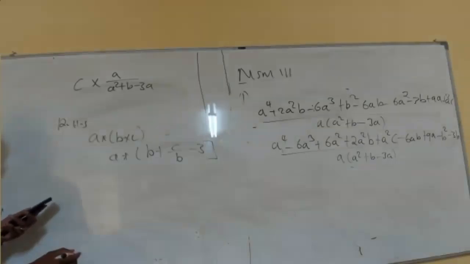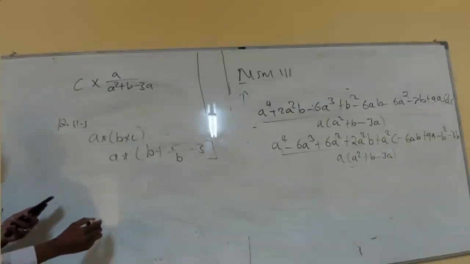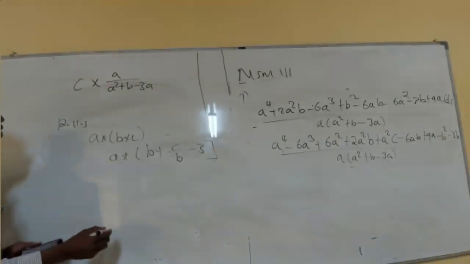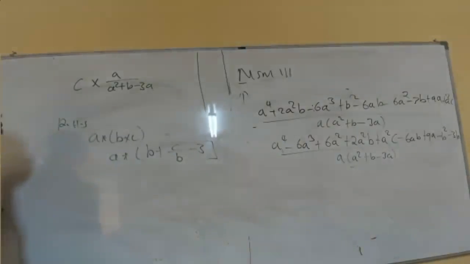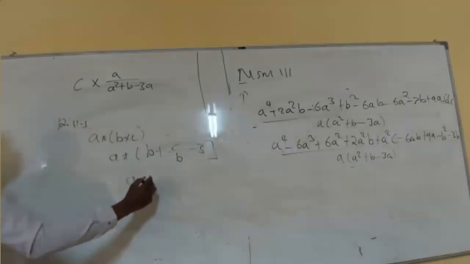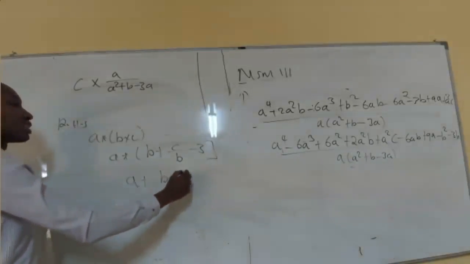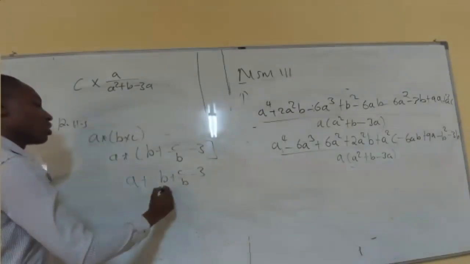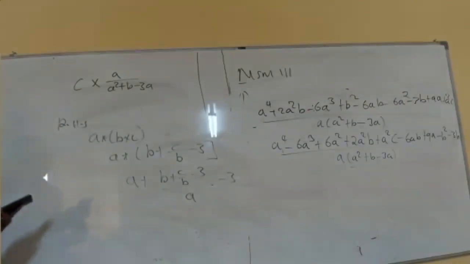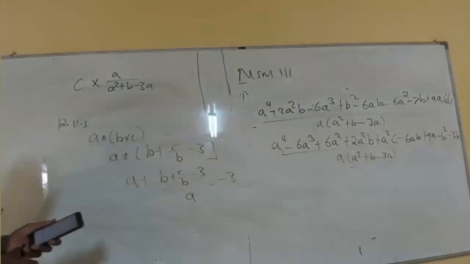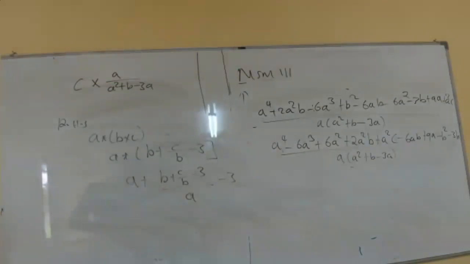From there, now what we have here is the first number has changed. So this now is the first number and this part is the second number, right? So it's going to be A plus second number, which is B plus C over B minus 3 over first number, which is A, then subtract minus what? Minus 3, right? Then we're going to flip what is flippable, and leave what is not flippable.